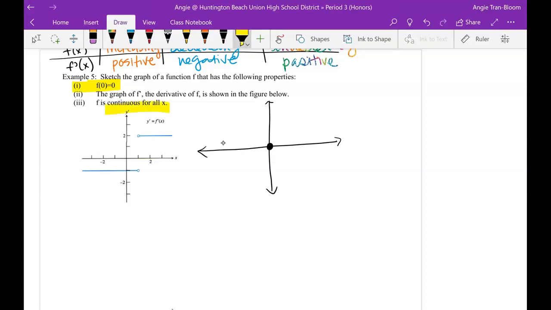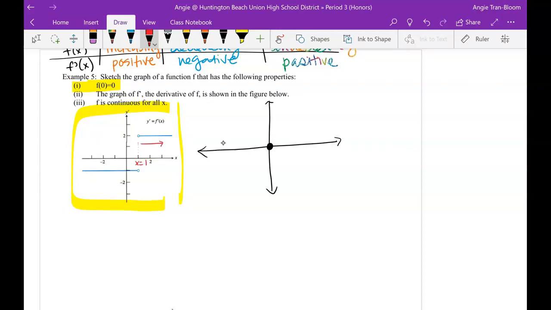So here's the f prime graph. Let's look at it. The slope, see this right here? Starting from x equals 1 and on, it's always 2.